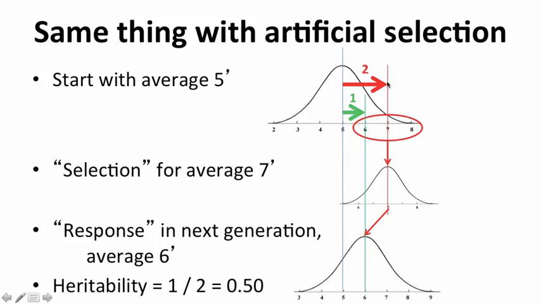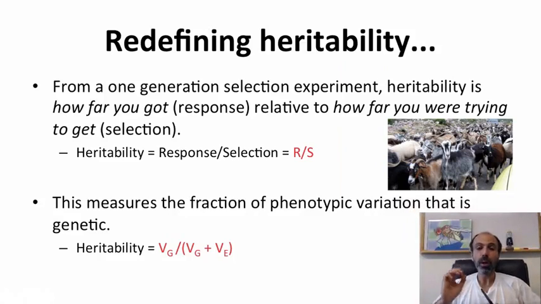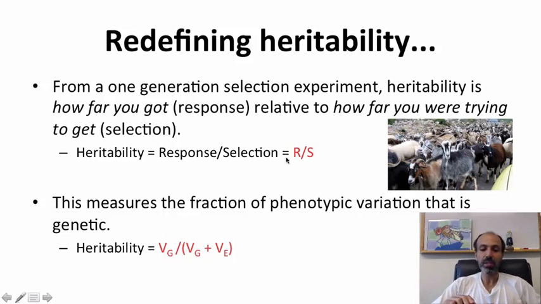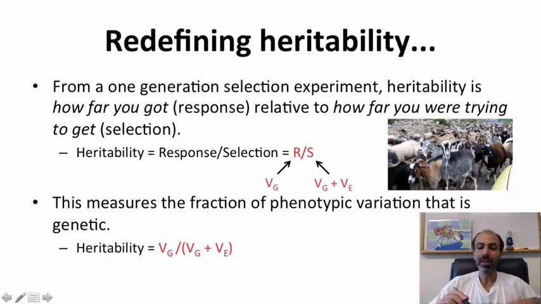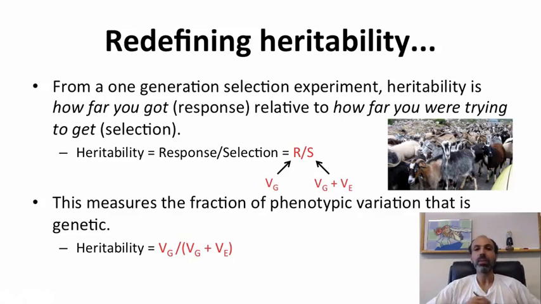So in this sense, we can redefine heritability from a one-generation selection experiment. Heritability can be defined as how far you got, or the response to selection after one generation, relative to how far you were trying to get, or basically how intensely you were selecting. So heritability can be defined as R over S. The reason we can do this is because R is dictated by the genetic variance, whereas S is a combination of genetic and environmental variance, because that's what was in the original population there.